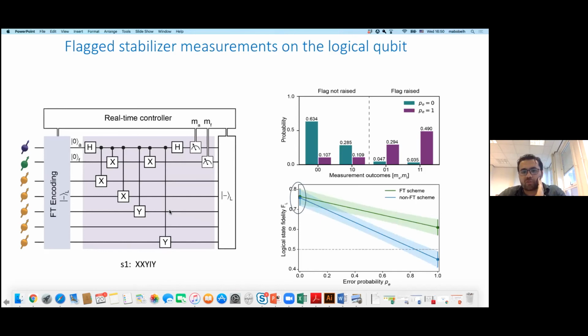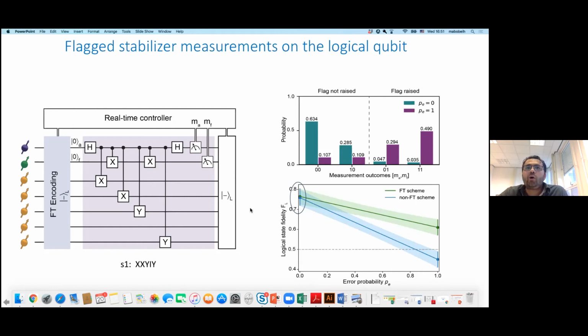So first, we fault-tolerantly encode or prepare the logical minus state, and then measure this stabilizer X, X, Y, I, Y. And to ensure that the measurement is compatible with fault tolerance, the 2 qubit gates are carefully ordered, and a flag qubit is added to capture ancilla errors that can propagate to logical errors, as I explained earlier.